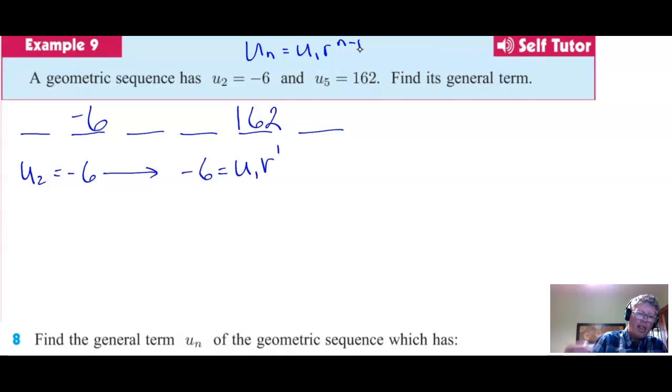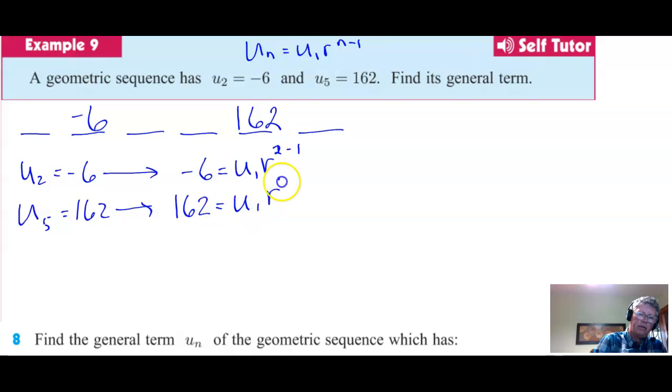So I know the second term is -6. I don't know the first term. I don't know the constant ratio, but I plug in, I'll just write 2 minus 1 there so you can see it. The next one is u sub 5 equals 162. So I write 162 is equal to u sub 1 r to the 5 minus 1.